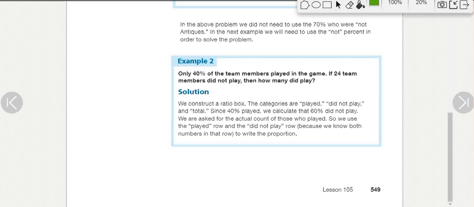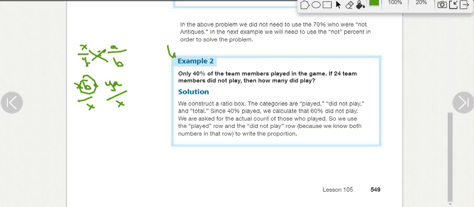Remember, a proportion sets 2 ratios equal to each other, and you solve by cross multiplying and setting the values equal, and then getting whatever you're trying to get by itself, usually by dividing. Okay, that's how we use proportions.